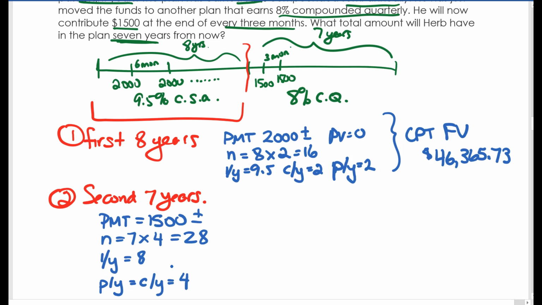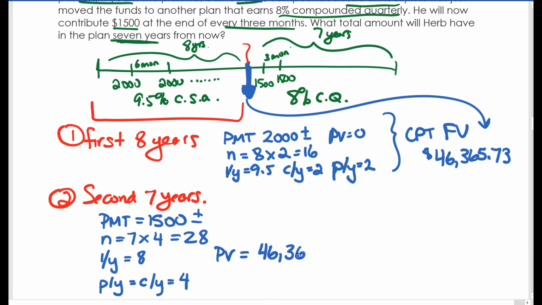And in this case now, present value is not 0, because you're now taking the money from the end of that first period, which is this whole $46,365. So that's still going to get interest, right? Because you're taking everything from that plan and putting it into a new plan. So the present value becomes $46,365.73.